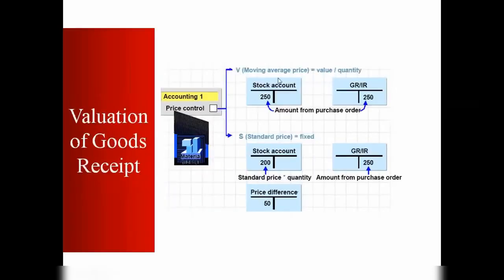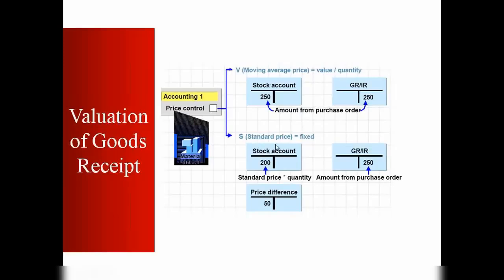When you talk about the standard price, say 200 is the standard price. If you received a purchase order and the value was, say, 250 for 10 pieces, for example, in the case of moving average the value from the purchase order will be posted straight away, because the moving average is linked to the purchase order.